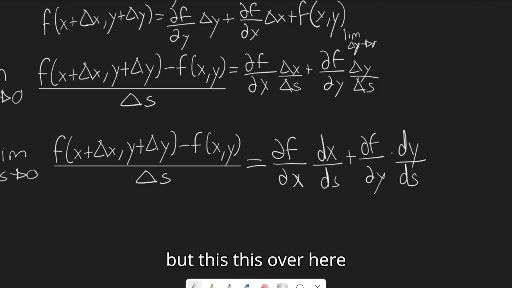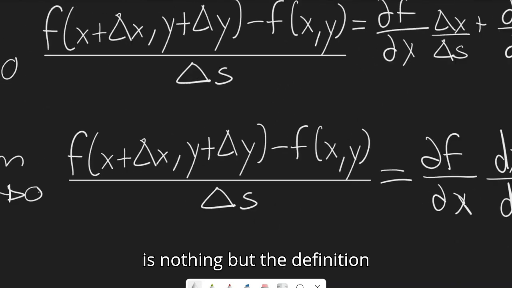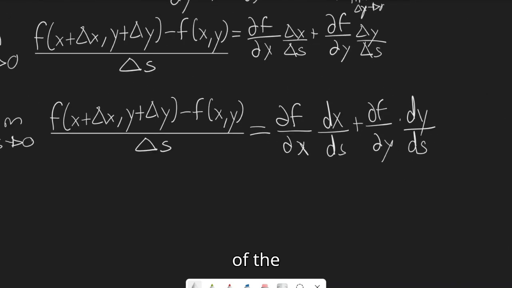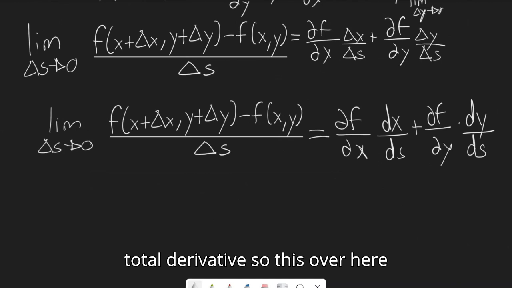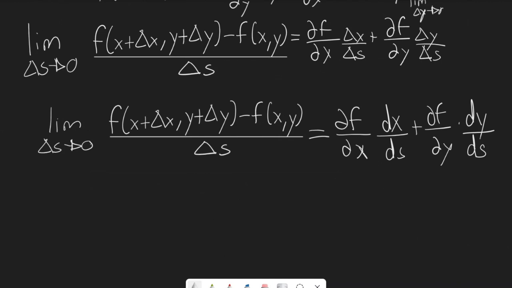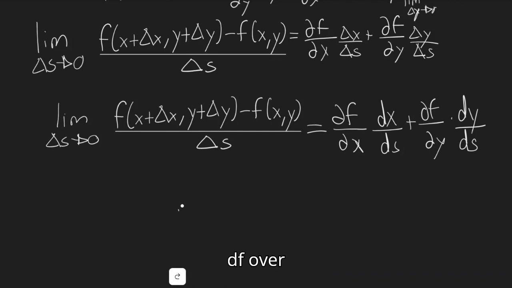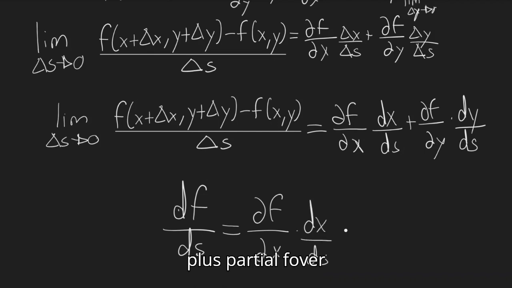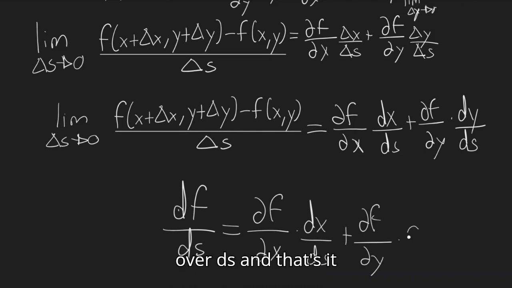But this over here is nothing but the definition of the total derivative. So this over here is equal to df over ds, which is equal to partial f partial x times dx over ds plus partial f over partial y times dy over ds.